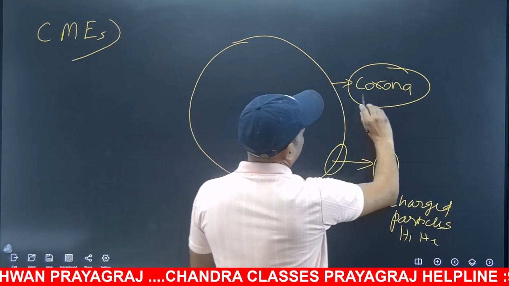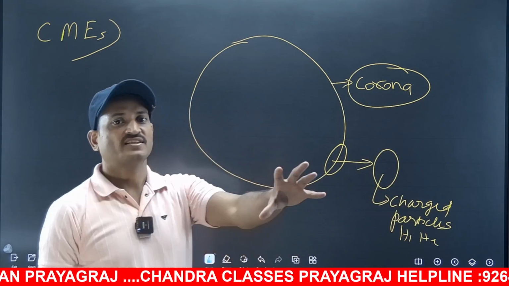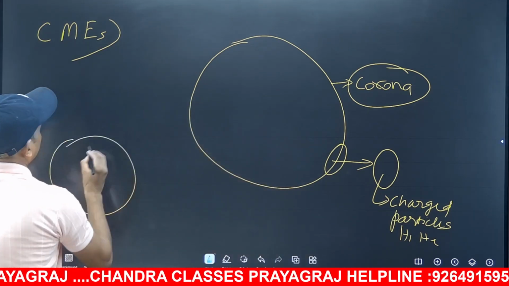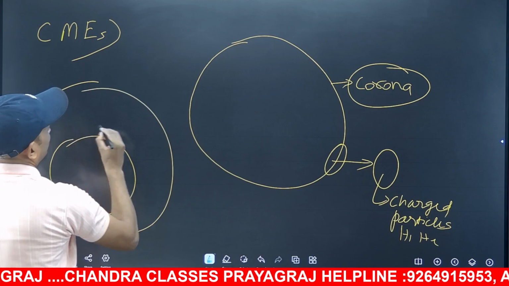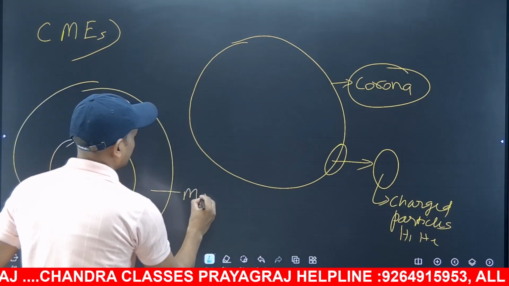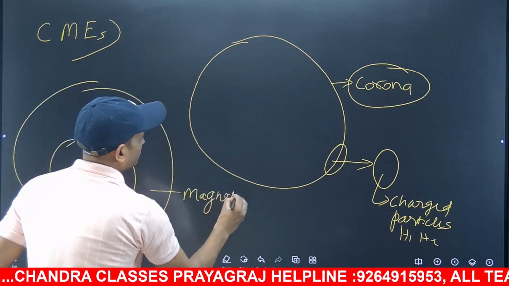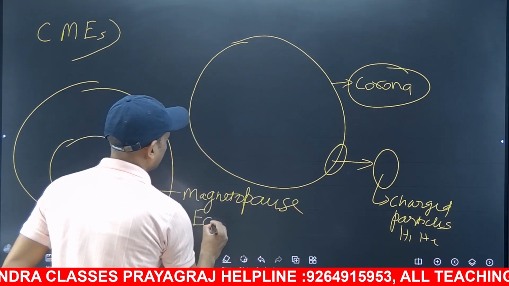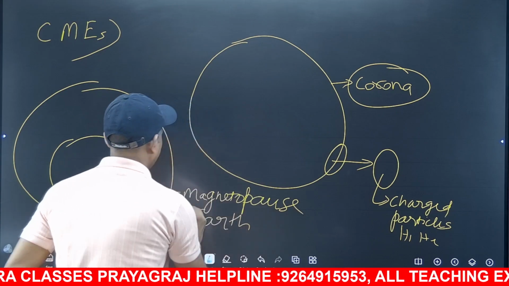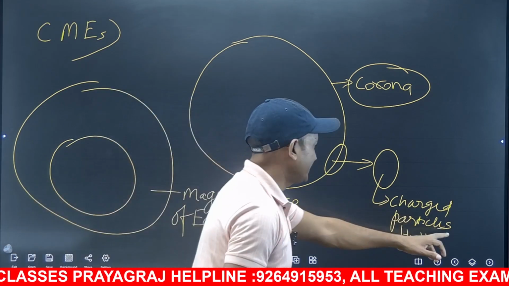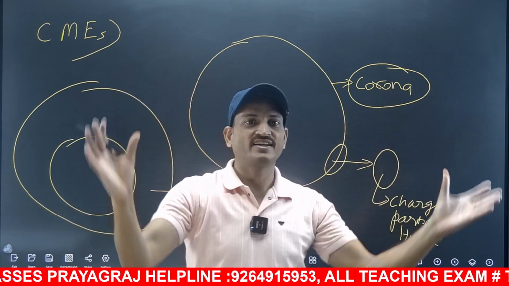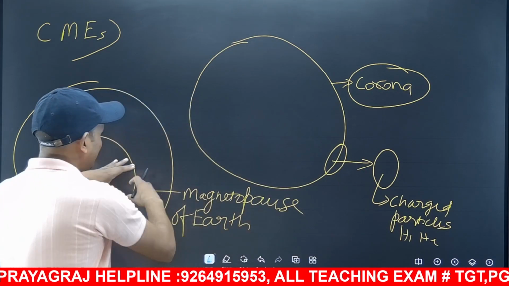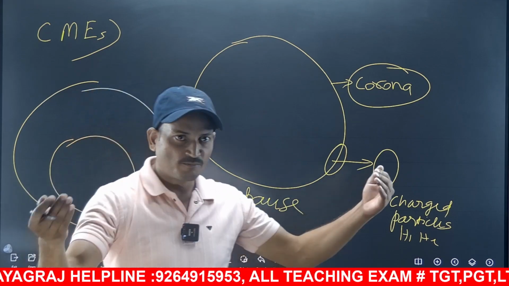And when these charged particles come towards Earth, the magnetosphere of the Earth, the magnetopause, the outermost layer, redirects the charged particles toward the polar regions of the Earth, because at the polar regions the magnetic field lines of the Earth are moving inwards.